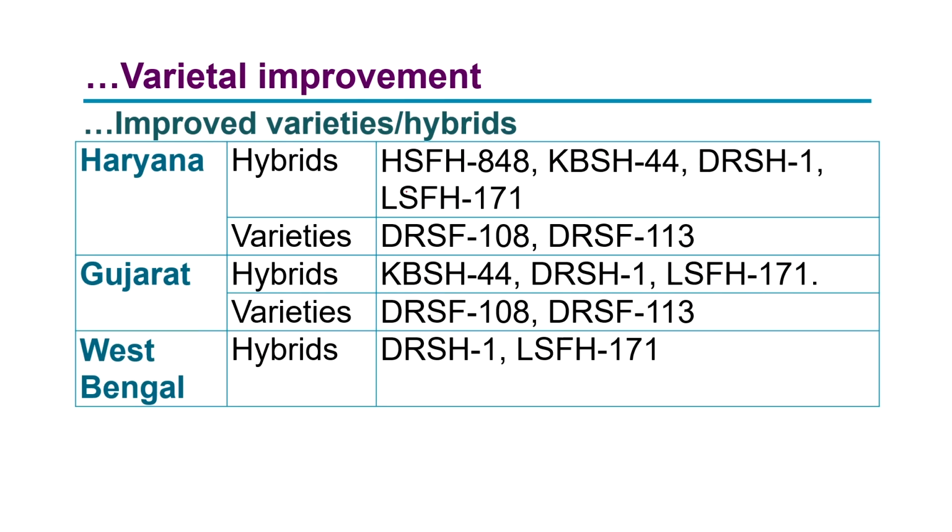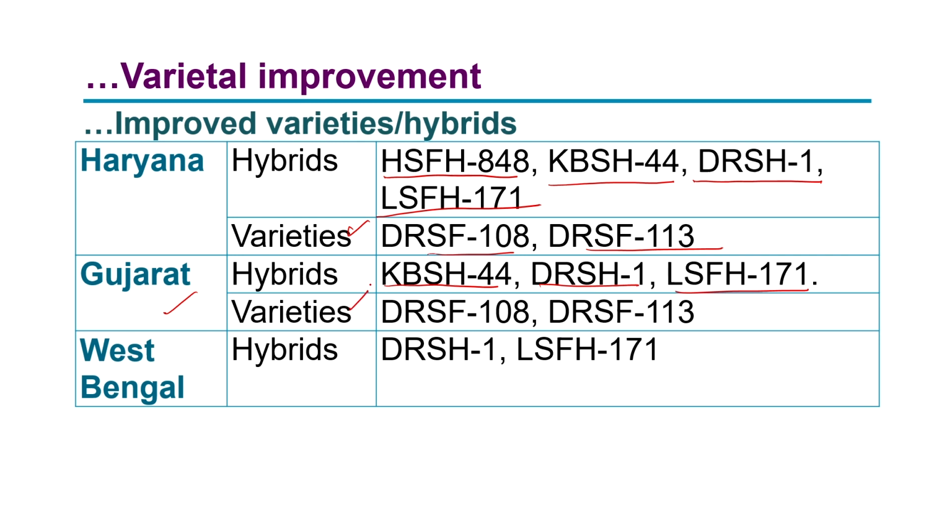For Haryana, hybrids are HSFH 848, KBSH44, DRSH1, LSFH171. For varieties, DRSF108, DRSF113. For Gujarat, hybrids of sunflower are KBSH44, DRSH1, LSFH171.